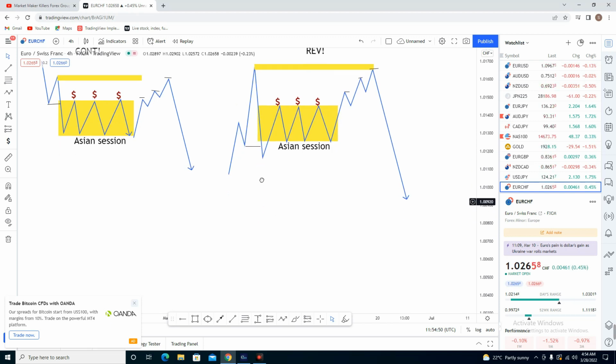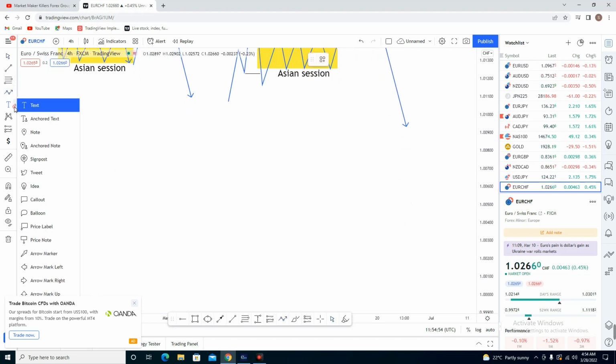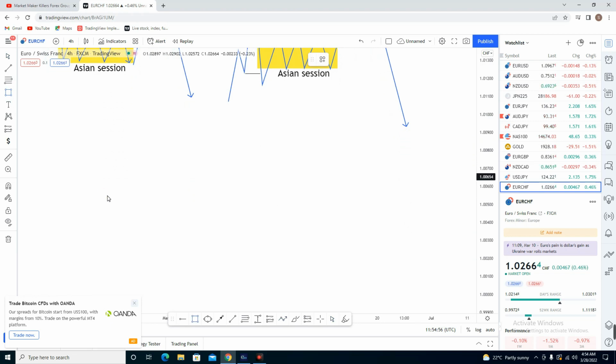For those who don't understand what I mean by the Asian session being 50 pips, this is basically what we look for. If this is our Asian session, we're looking for a range, meaning not much movement. The dealer will be trading just between that range of 50 pips during the Asian session.